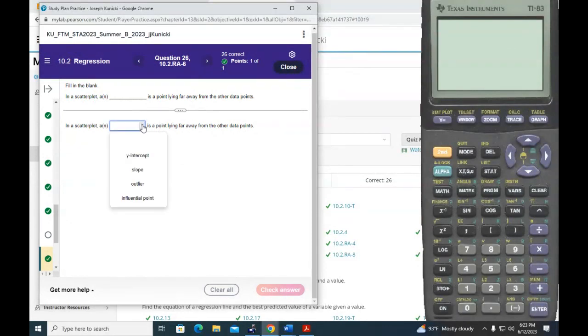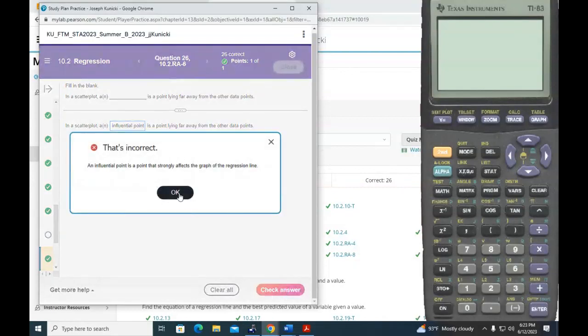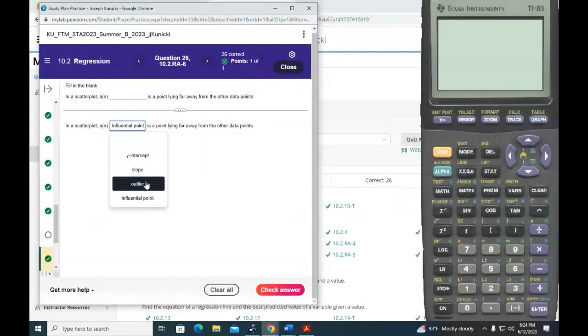In a scatter plot, what is a point lying far away from the other data points? Now they gave us 2 choices here. It's either outlier or influential point. You say influential, I'm going to say outlier. How are they going to use 2 different definitions?